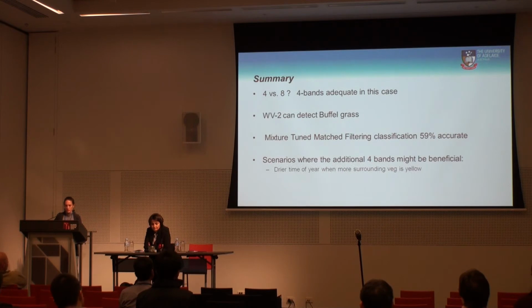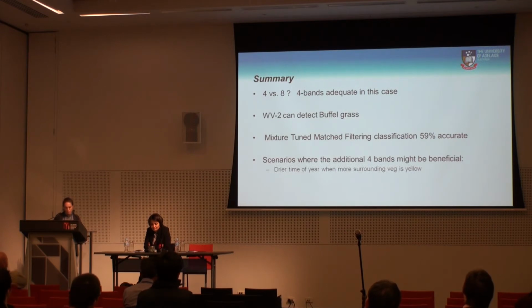Okay, to summarise, based on our linear discriminant analysis, exploring whether 4 bands or 8 bands are better, in our case, 4 bands was adequate. WorldView-2 imagery can be used to discriminate buffel grass from surrounding vegetation.